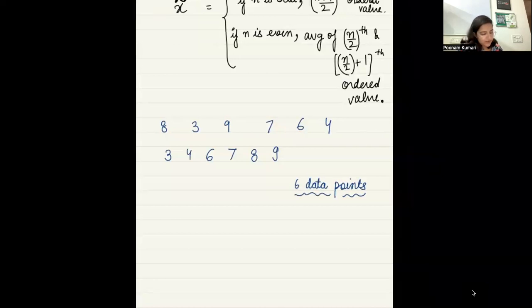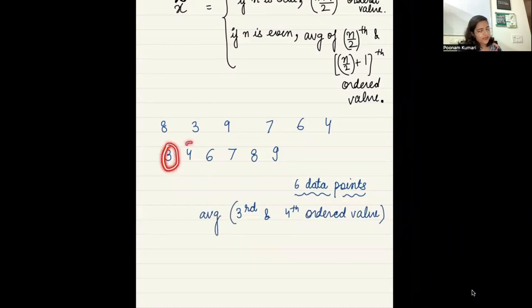Since this is even, you have to take the average of n by 2. What is n by 2? 6 by 2 is third. So you have to take the average of the third and n by 2 plus 1, which is 3 plus 1, which is the fourth ordered value.